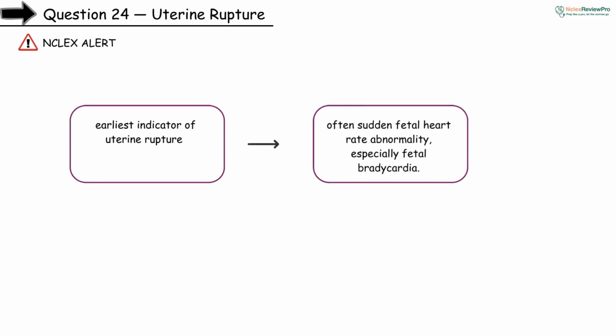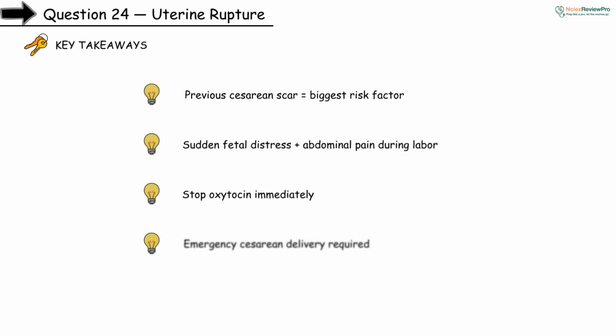Here's your NCLEX alert. The earliest and most common sign of uterine rupture is sudden fetal heart rate abnormality, especially fetal bradycardia. If you see sudden fetal distress combined with abdominal pain and loss of station, think uterine rupture immediately. So the key takeaway here is this.